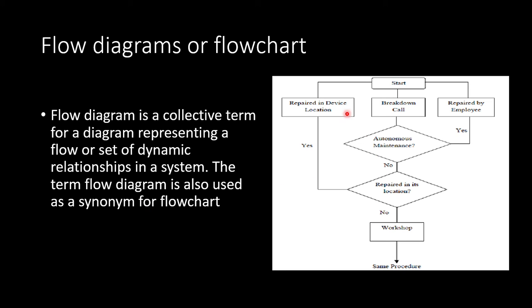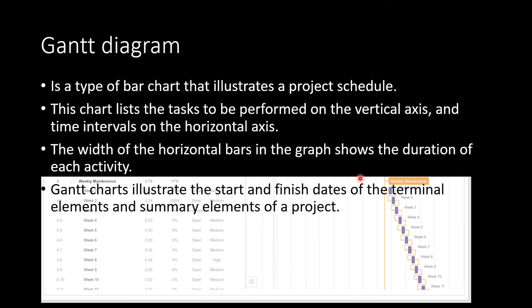This is like the manual that we are going to use to do maintenance, and this is really important, because it will let us know, step by step, what procedure we have to follow to perform maintenance. Now we have a Gantt diagram. In this case, it's going to be time-based.